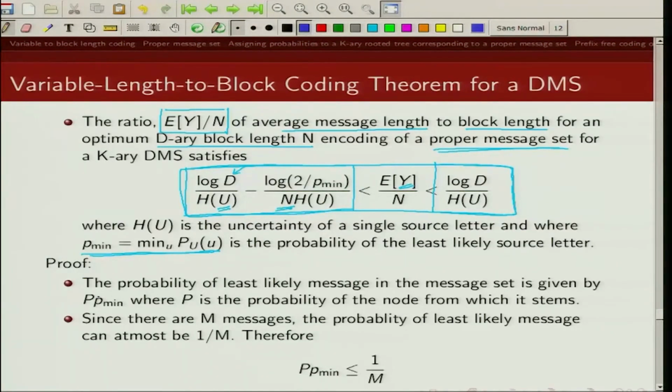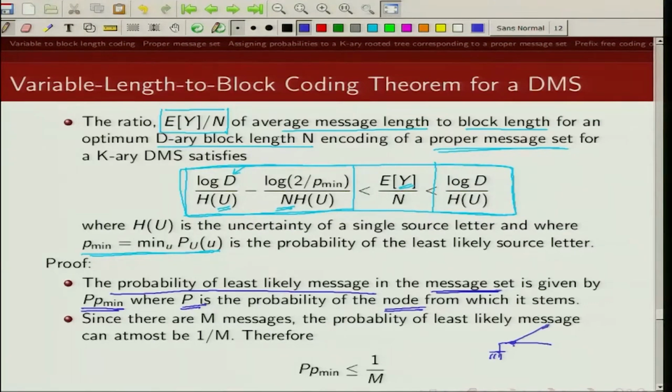So the probability of the least likely message in a message set is given by P times P min, where P is the probability of the node from which it stems. Now recall how we assigned probability to a k-ary rooted tree. So we have a k-ary rooted tree.